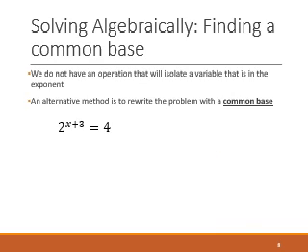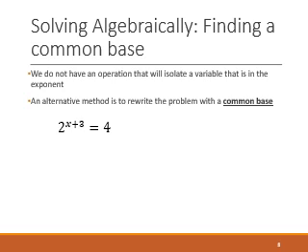So this is the problem with solving exponential equations algebraically. We do not have an operation that will isolate a variable that's in the exponent, at least not yet. I'll give you a little spoiler alert. That will change when we get to Unit 9.